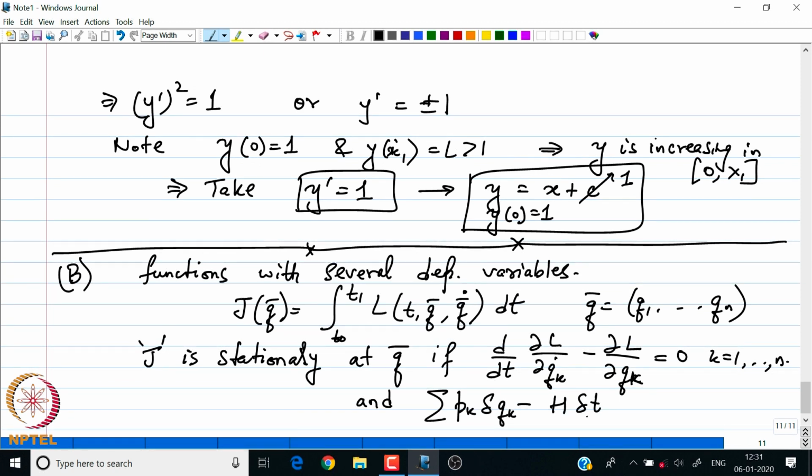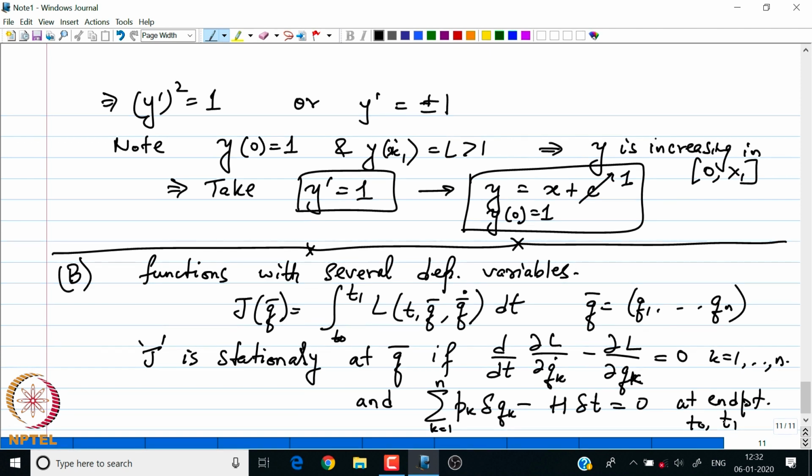So t is my independent variable. So H delta t is 0 for k from 1 to n. So that is my condition at endpoints x0 and x1, or in terms of free independent variables t0 and t1.